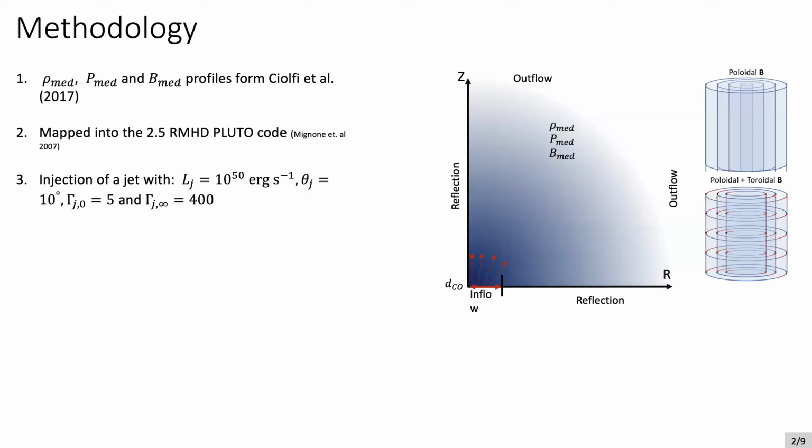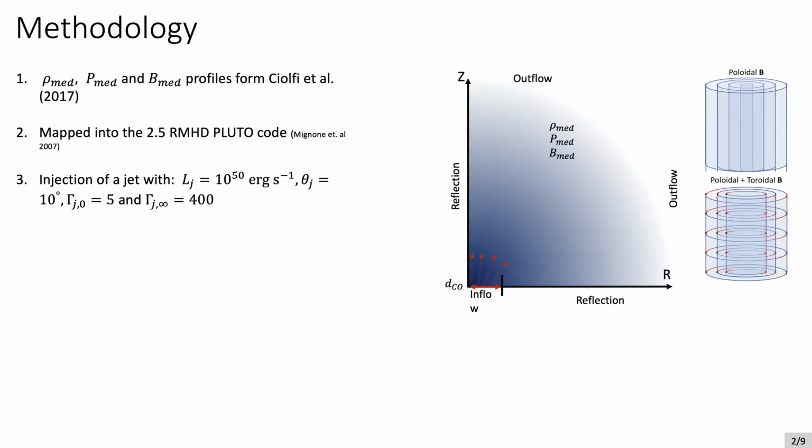The methodology is that we have the density of the medium from Cholfi, the pressure, and the magnetic field. We took these profiles from the Cholfi 2017 simulations that I showed you before.